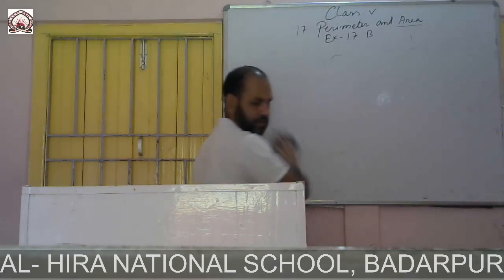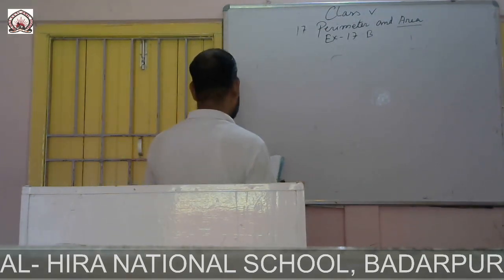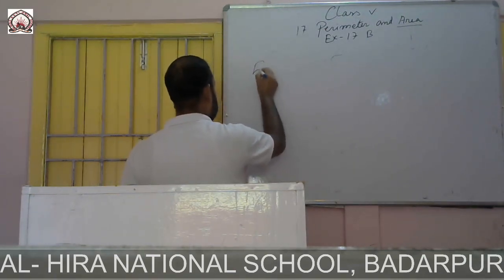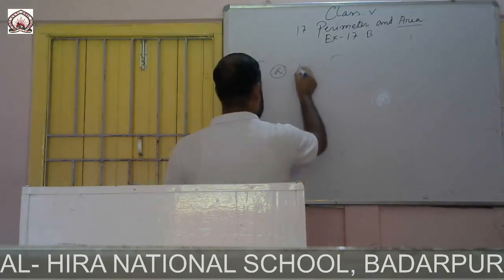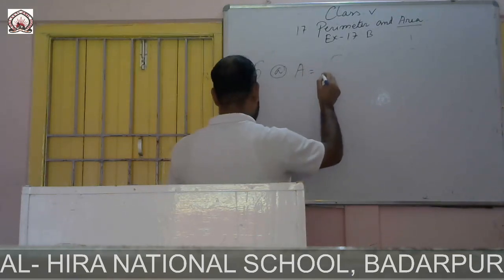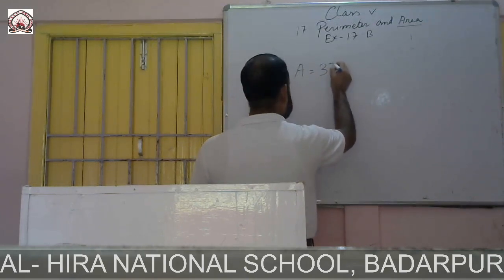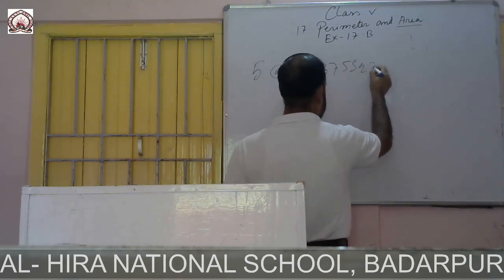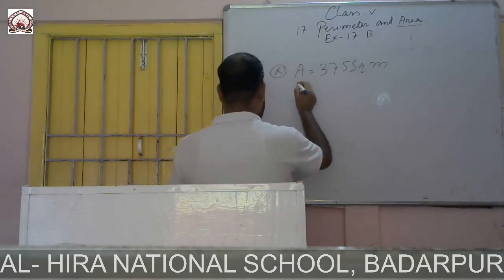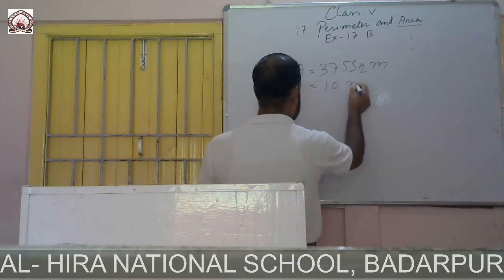Next, question number 5. Area equal to 375 square meter, and breadth equal to 10 meter.